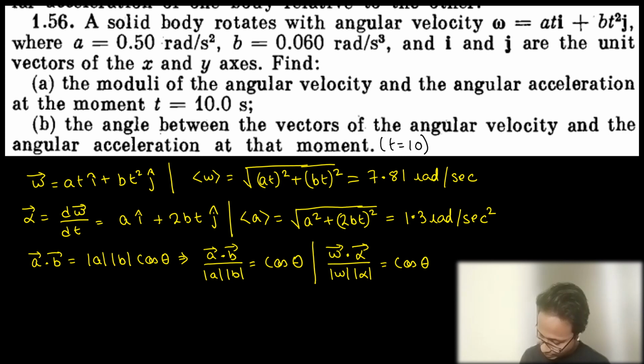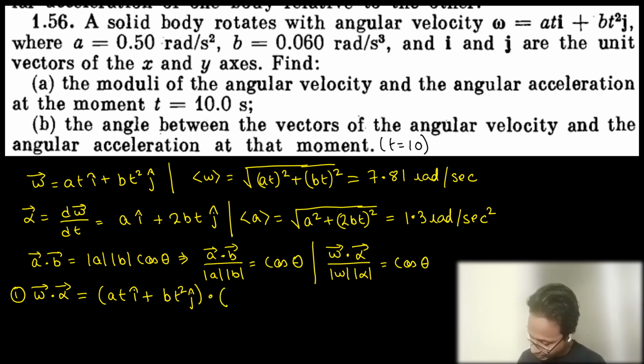Okay, so what is omega dot alpha? Omega dot alpha is nothing but omega, at i plus bt square j, dot alpha, which is a i plus 2bt j.